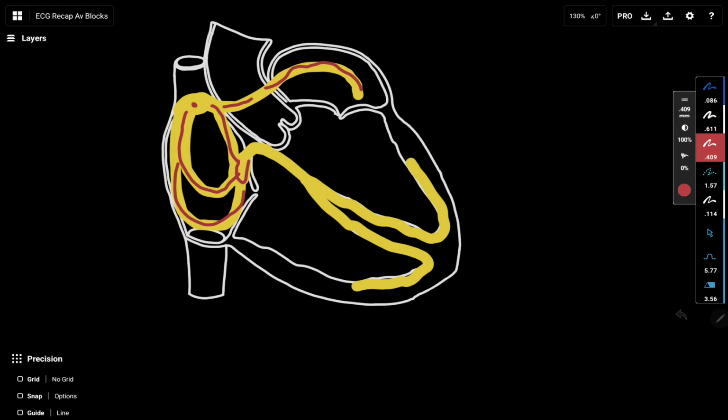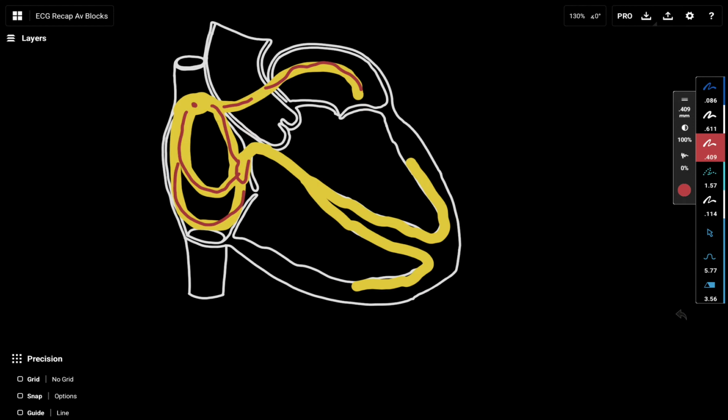So in Mobitz 1, your second degree type 1 heart block, it's usually caused by a reversible conduction block at the level of the AV node. Essentially, what does this mean? This means that malfunctioning AV nodal cells tend to progressively fatigue until they fail to conduct an impulse altogether.